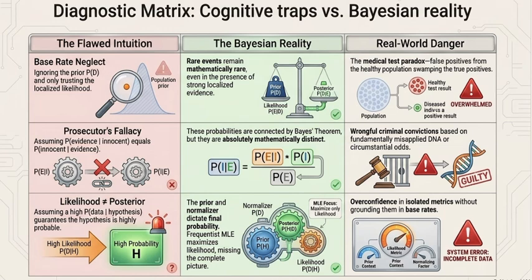Next, likelihood is not the posterior. A high probability of data given hypothesis does not mean that the probability of hypothesis given data is also high. You need the prior and normalizer too. This is where intuition breaks: MLE maximizes likelihood, not the posterior.